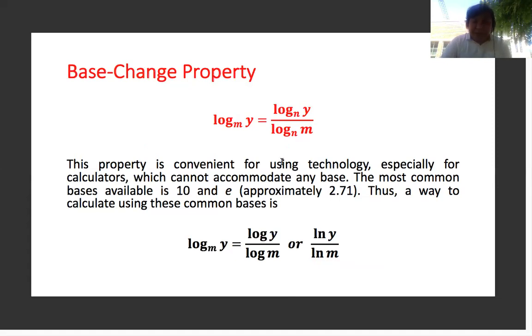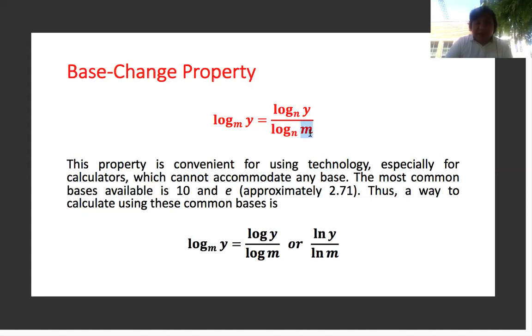So the base change property is expressed as logarithm of y to the base m. So this is like your regular logarithm. This one can be expressed as logarithm of y. So take note, in the numerator, it's still the logarithm, the same power, but the base was changed, right? Now, there would also be a denominator. It's logarithm.